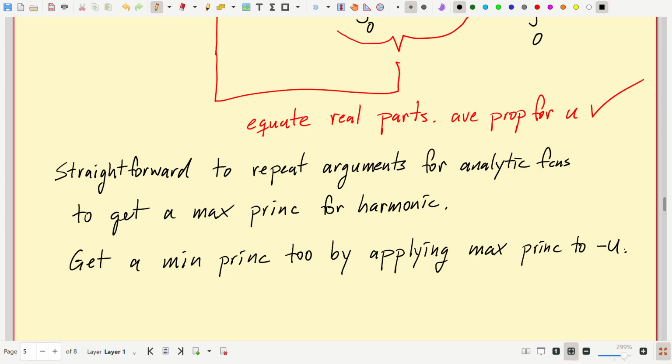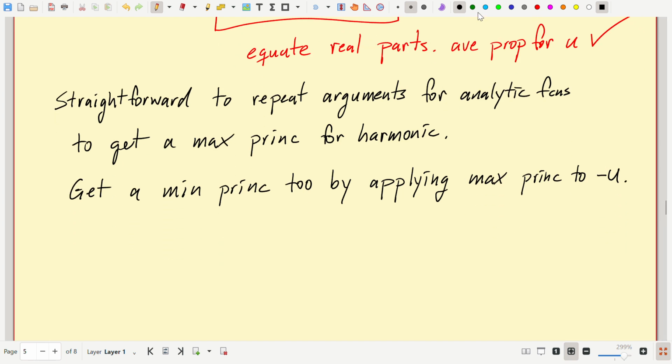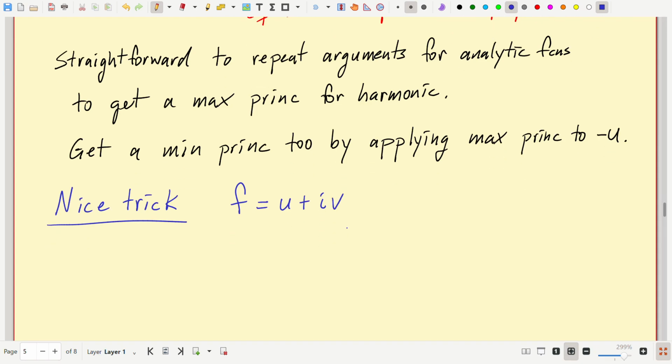Okay. Well, I don't want to bore you to death just by repeating all that stuff because it works great. I should also point out there's kind of a neat trick. If I take a harmonic conjugate, I can have f equals u plus iv. And so the modulus of e to the f is the modulus of e to the u times e to the iv.